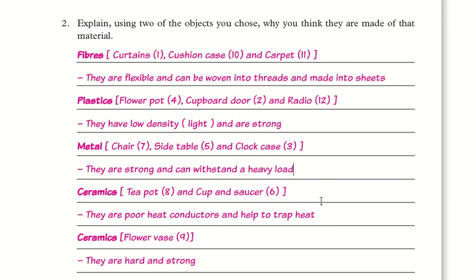And of course for your ceramic, things like your teapot, things like your cup, usually they are made out of ceramics because they are very poor heat conductors, so it will help us to trap heat. So your cup of hot tea or a cup of hot Milo that you make at home, if you put it in a teacup that's made out of ceramic, it will be able to keep warm for a longer time, and it will also not melt the cup.